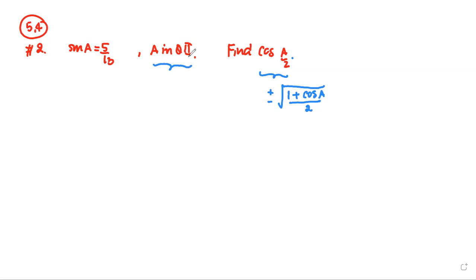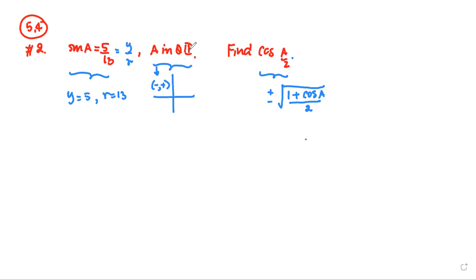Given A in the second quadrant, x is negative and y is positive. By the given information, sine A is y over r, therefore y equals 5, r equals 13.